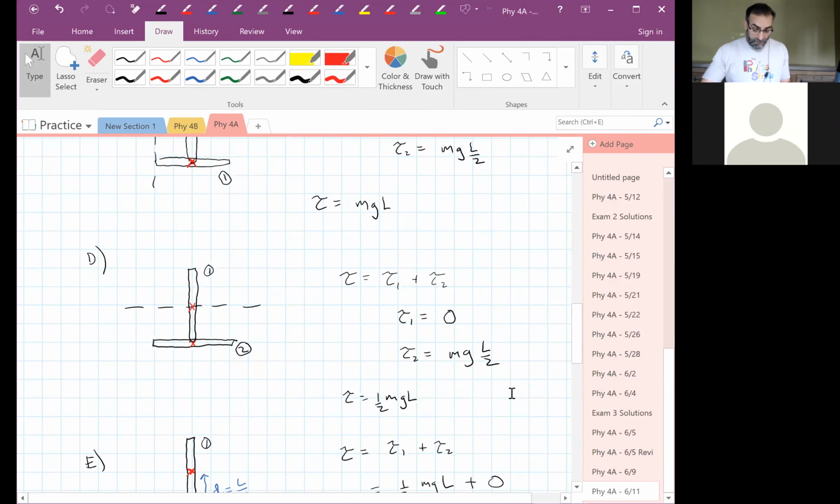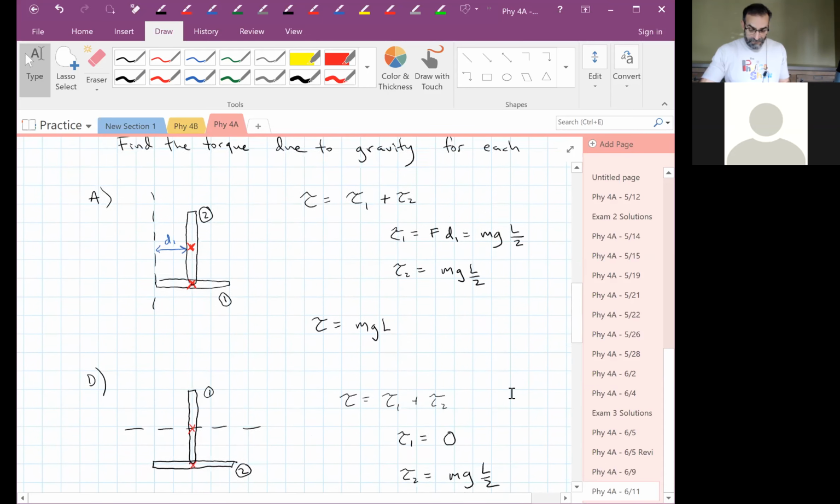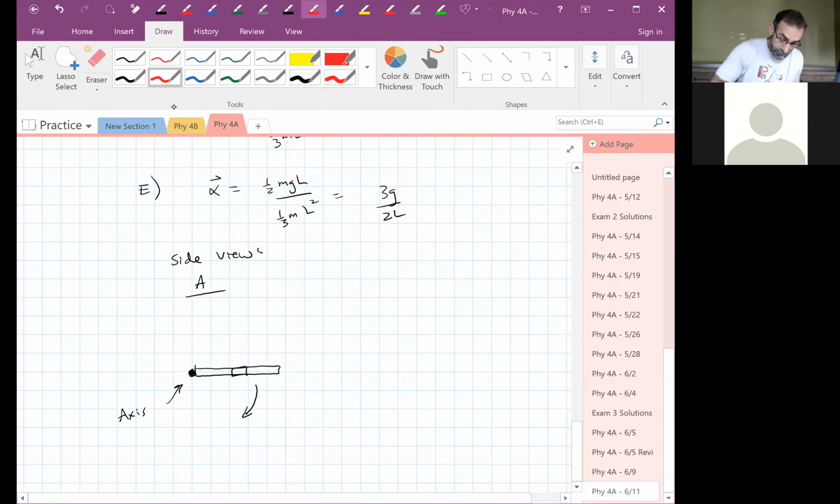Let's do D. We could do D also. So here's our axis of rotation.